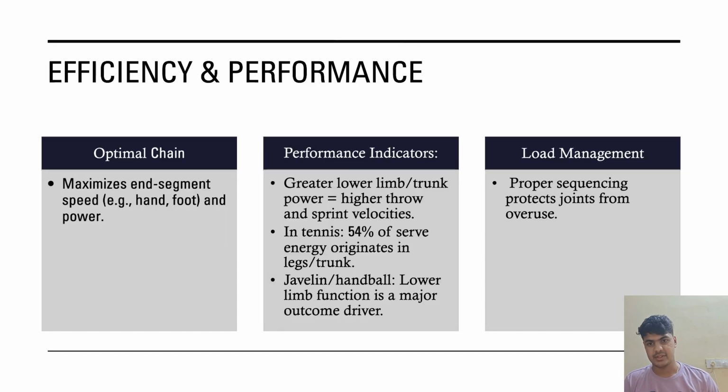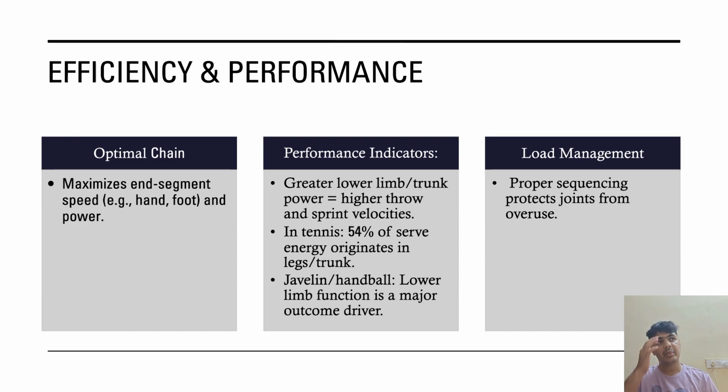Efficiency and performance. So, the optimal chain: maximizing end segment speed, like hand or foot, and power. In this optimal chain, if the force is transmitted in an optimal way from the lower body to the upper body, what we see is very good end segment power, that is, of the hand or foot.